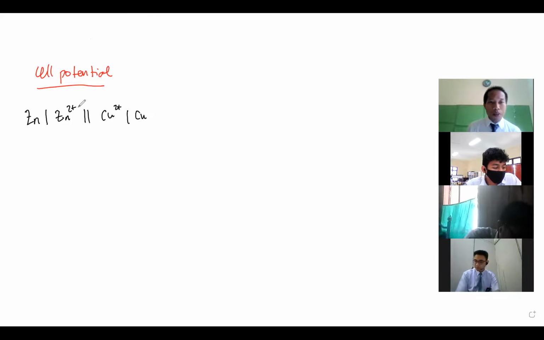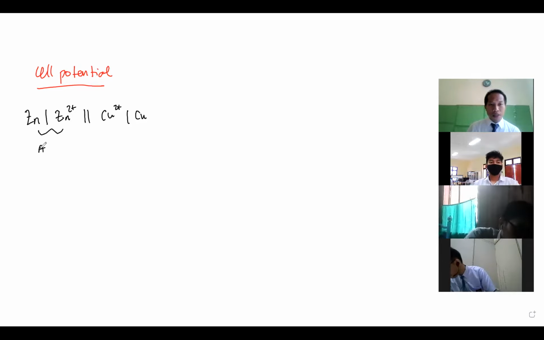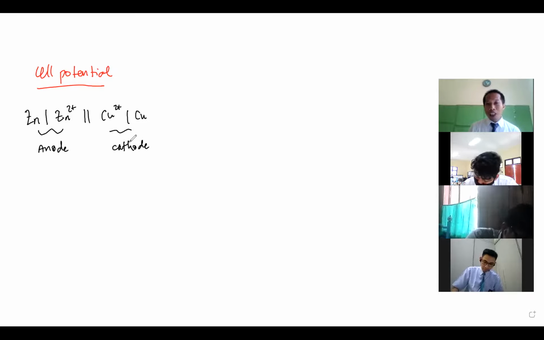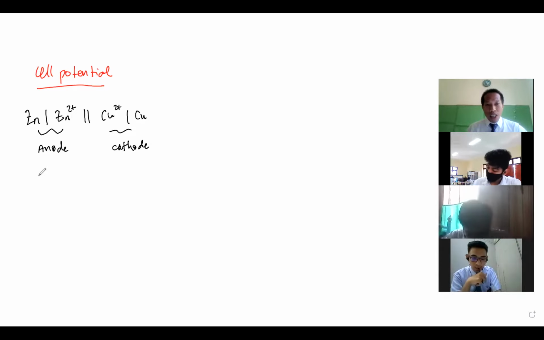This is our cell potential. And here is anode, we know that. This is anode. Here is reduction cathode. Now, actually, if we know the data of the E0 reduction for each cell, we can easily find the E0 cell for each voltaic cell that we have.